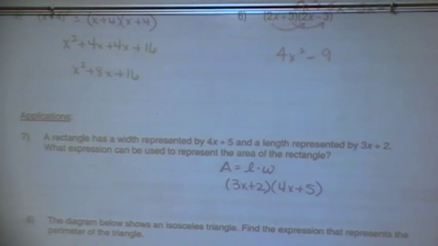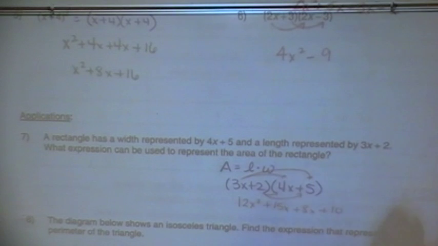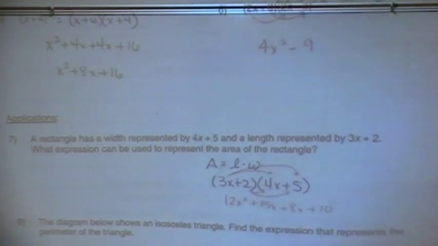So you just have to distribute this or FOIL. And then combine like terms.